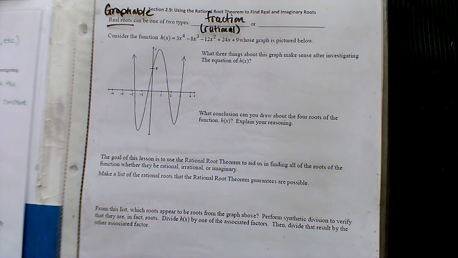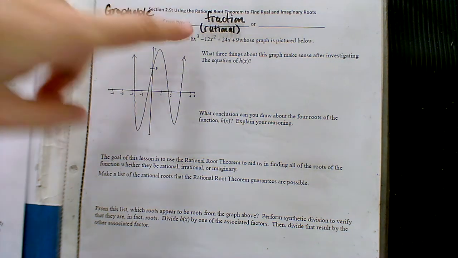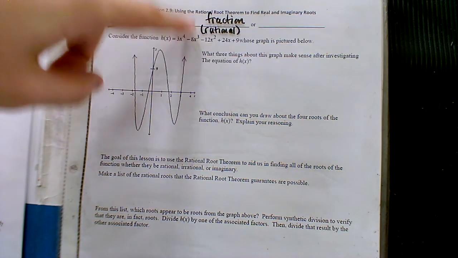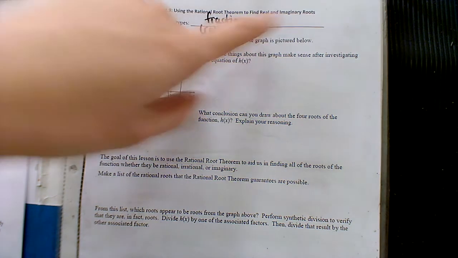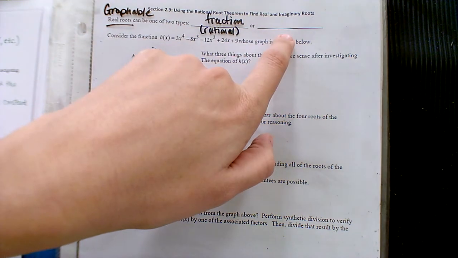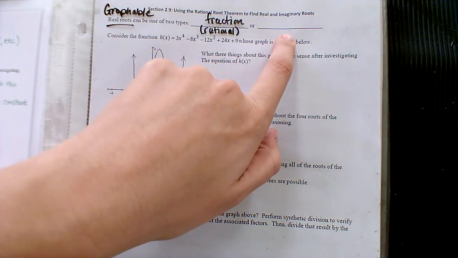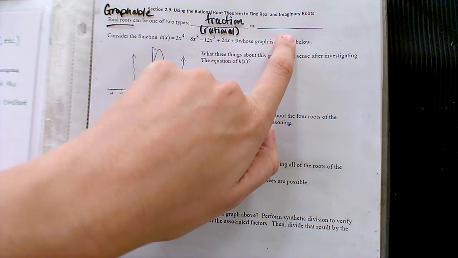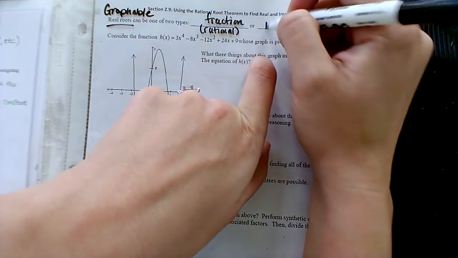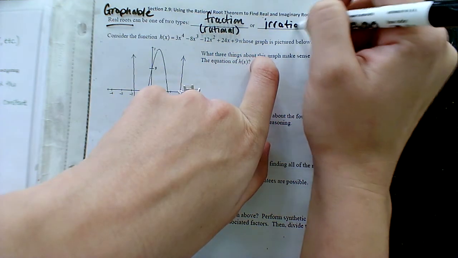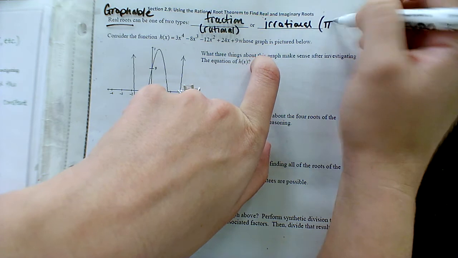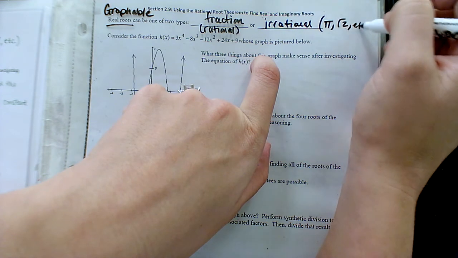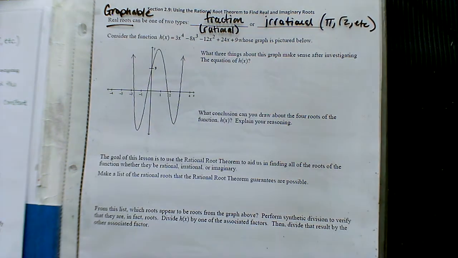Okay, you cannot represent that as a fraction. So we either have rational, meaning fractional x-intercepts, or other ones that cannot be fractions. Do you know what those are called? If they're not rational? Irrational. Good. Okay, like pi, square root of 2, could be other things.